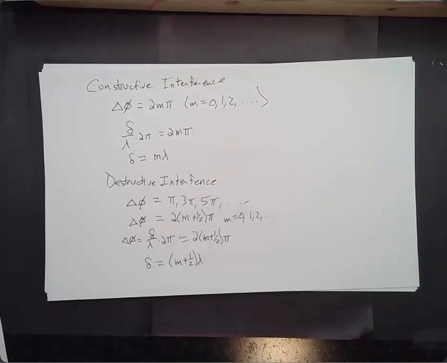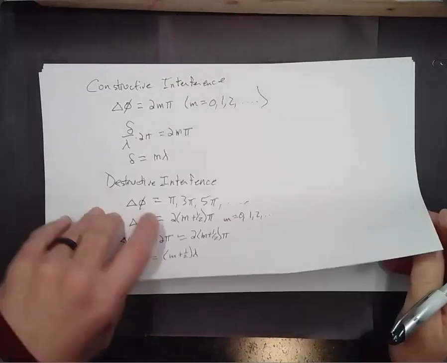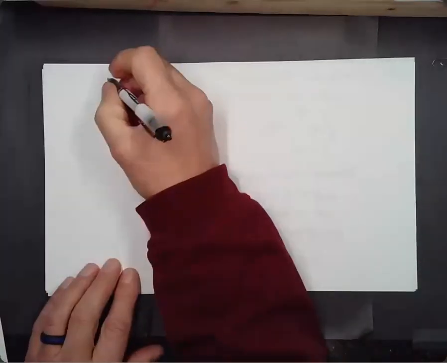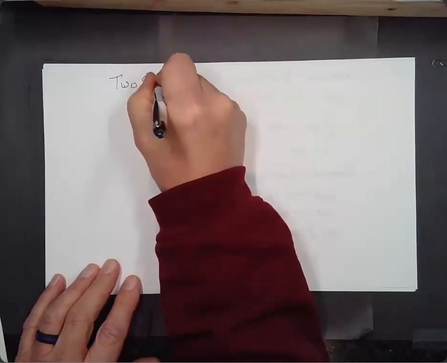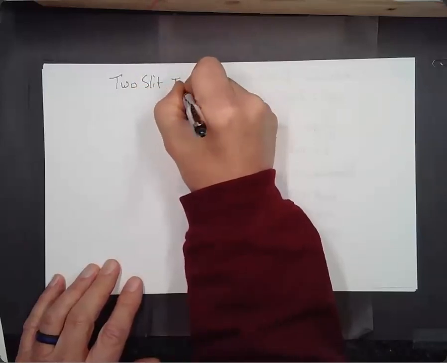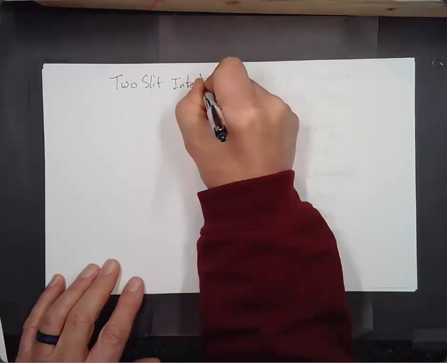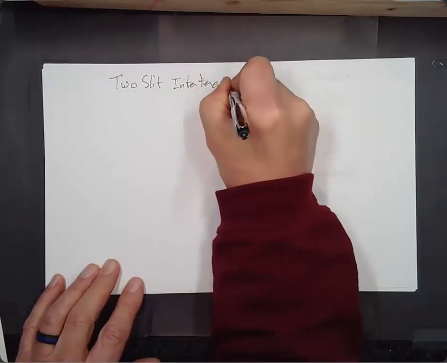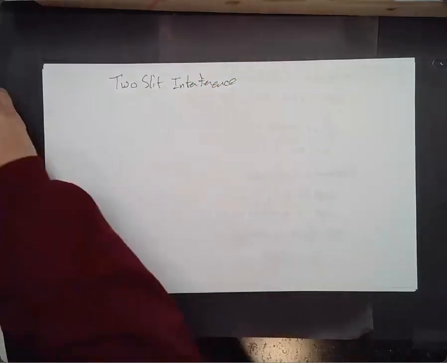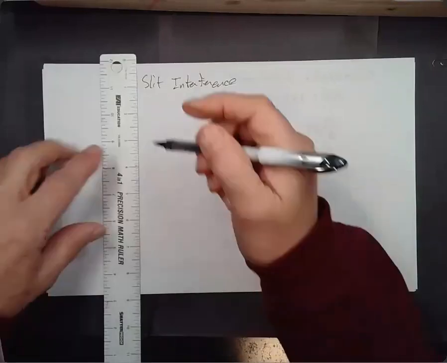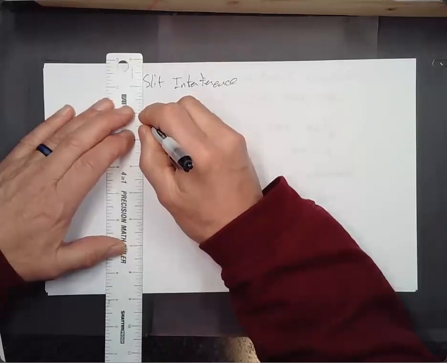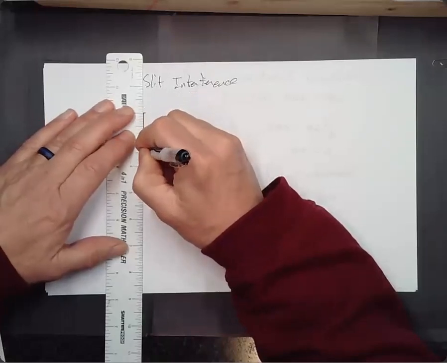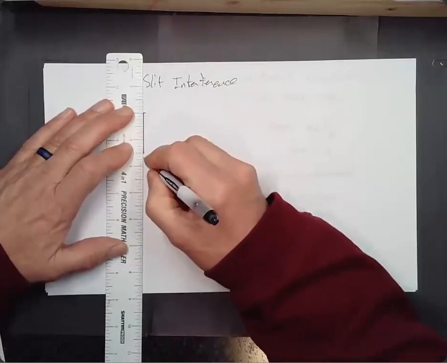Now, the first kind of interference we're going to be interested in is what's called two-slit interference. And it happens when, I'll draw some kind of a thing here.